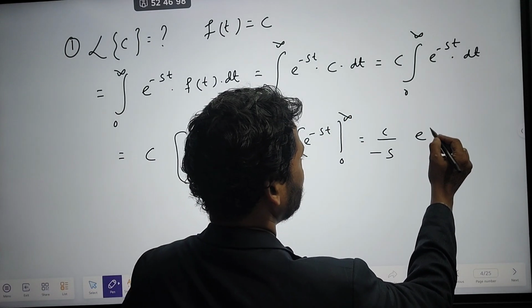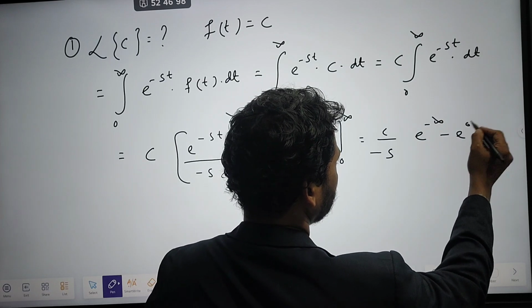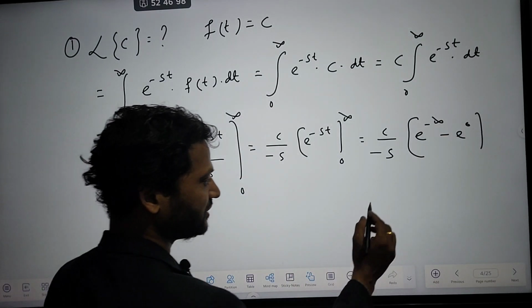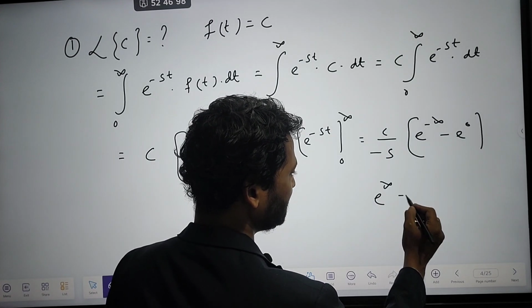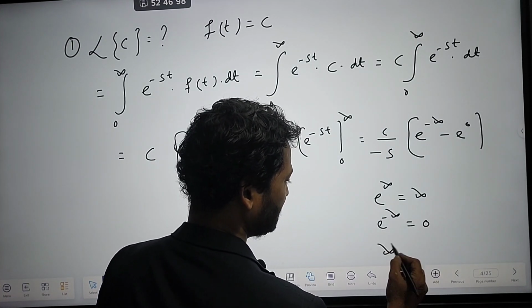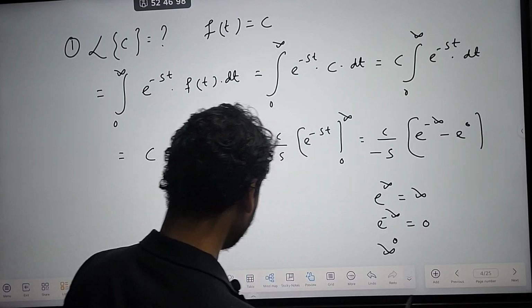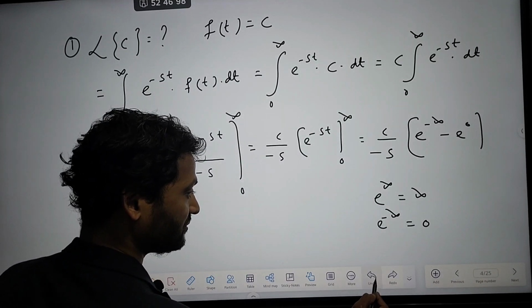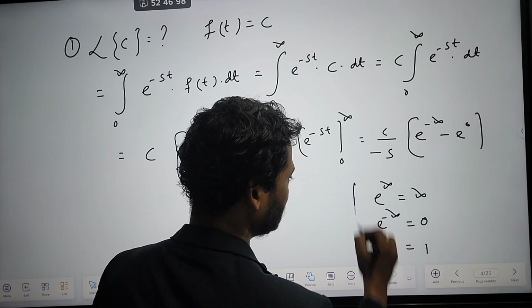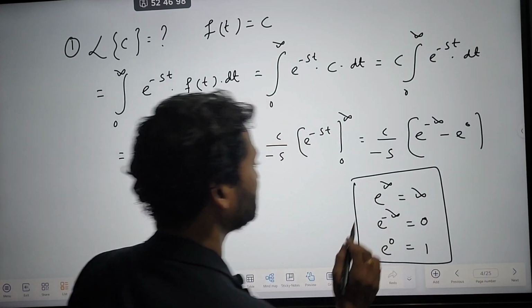So your answer will be e to the power minus s infinity minus e to the power 0. Clear till here? So one more thing you remember: e to the power infinity is infinity, e to the power minus infinity is 0, and e to the power 0 is 1. You need to remember this thing.